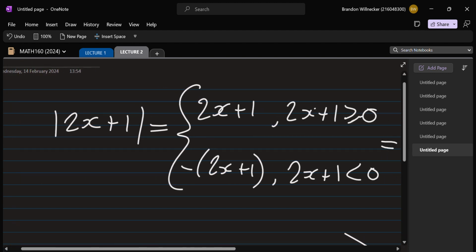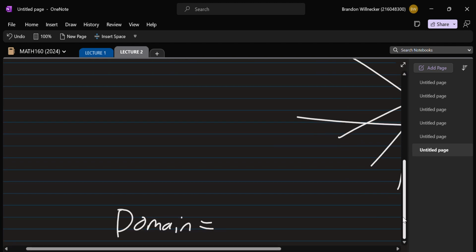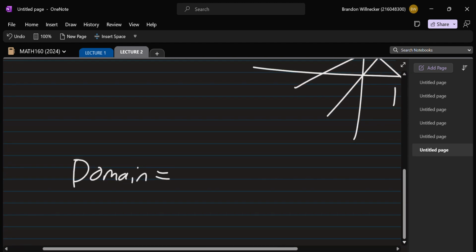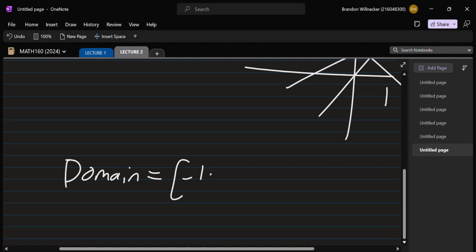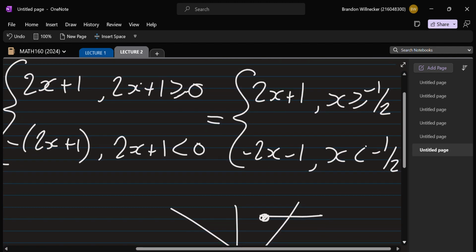Okay, so it's going to be from minus a half to infinity. Everything at minus a half onwards. That's what it means for x to be greater than or equal to minus a half. And then the other one, x is less than minus a half.